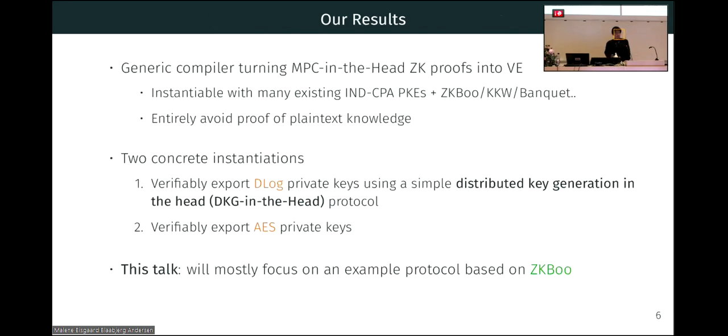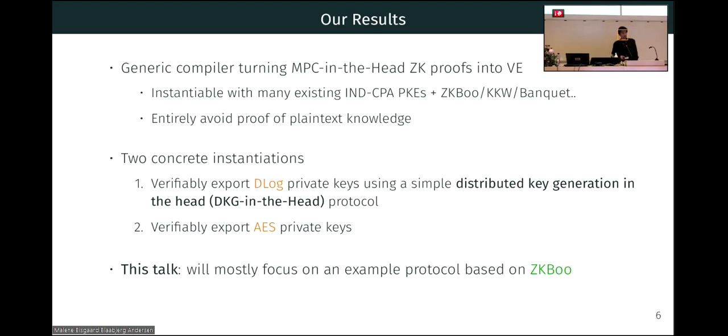So in this context, our results can be summarized as follows. In this work, we show a generic compiler that turns MPC-in-the-Head zero-knowledge proofs into a verifiable encryption scheme. With this approach, we can instantiate a verifiable encryption based on many existing IND-CPA secure encryption schemes and several recent MPC-in-the-Head protocols that I'm going to explain soon.